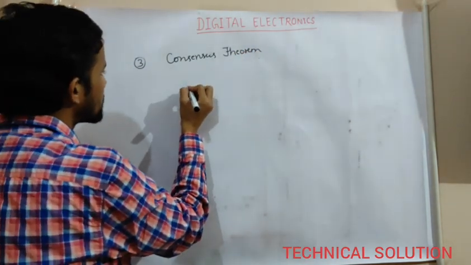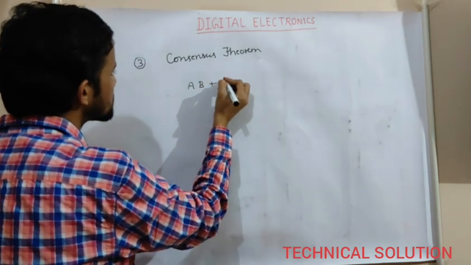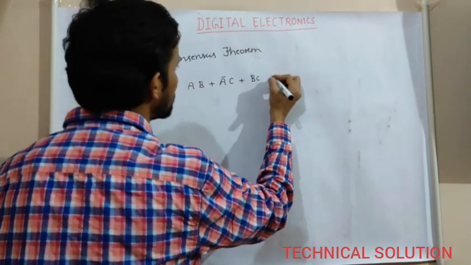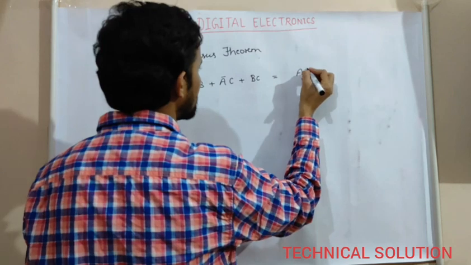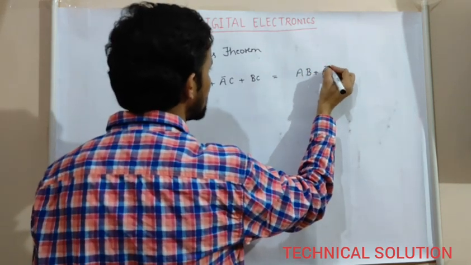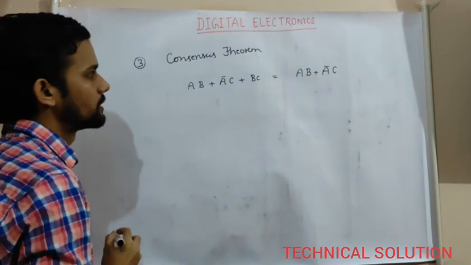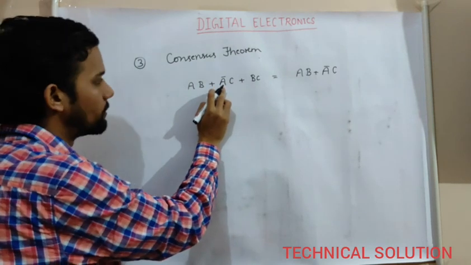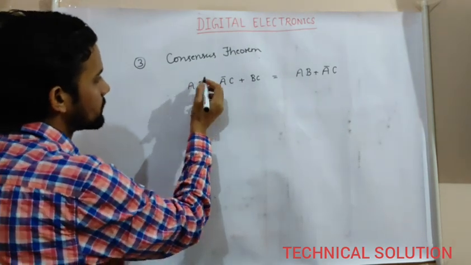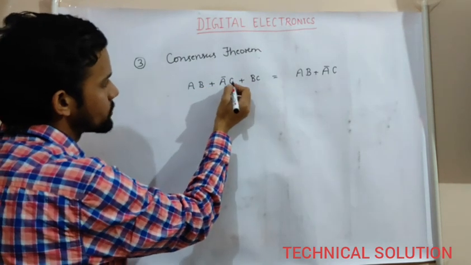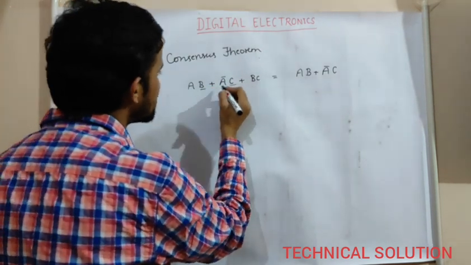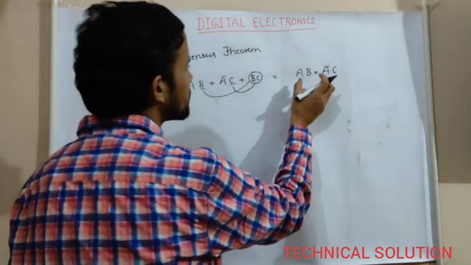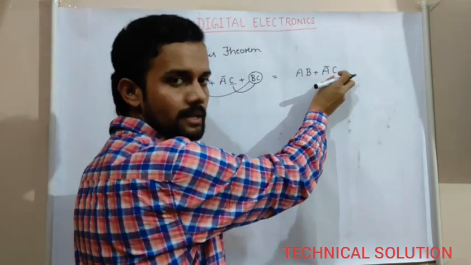This theorem is given by AB plus A complement C plus BC equal to AB plus A complement C. That means if we have a normal A and its complemented form A complement, and with this we have associated B, and with this we have associated C, and this B and this C is present here, then this BC is eliminated. We get the reduced form as AB plus A complement C.